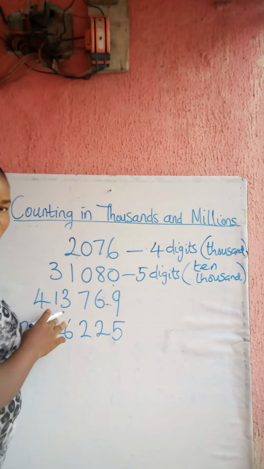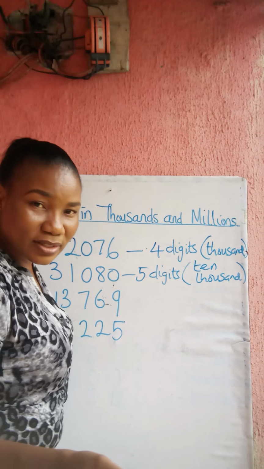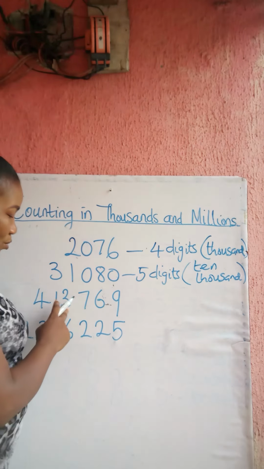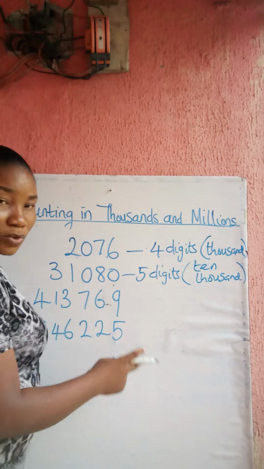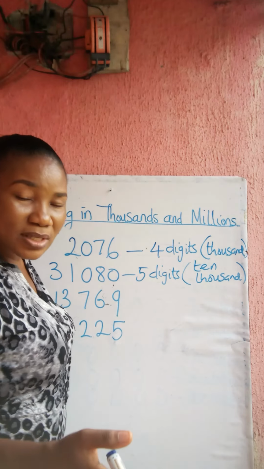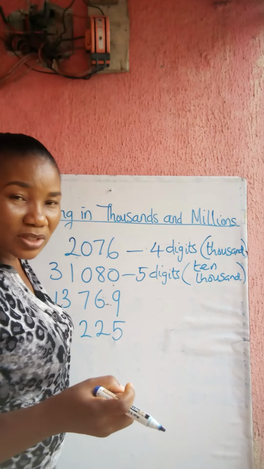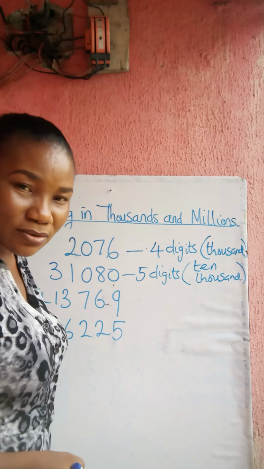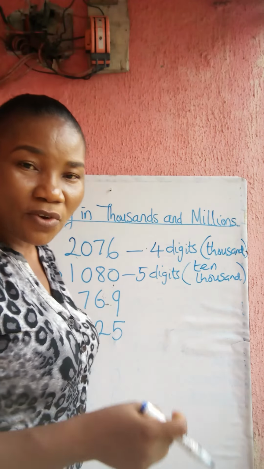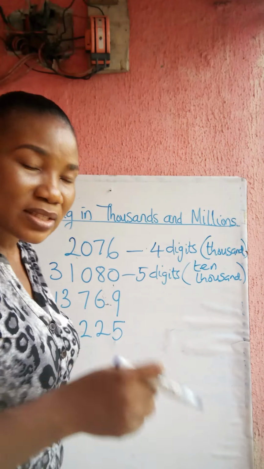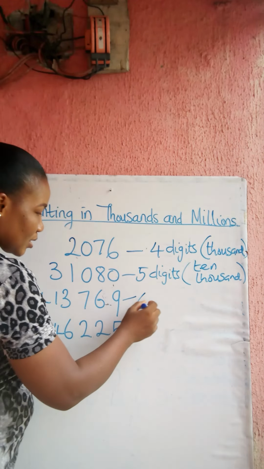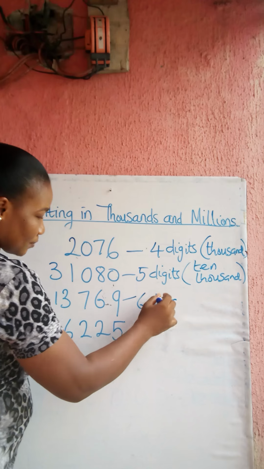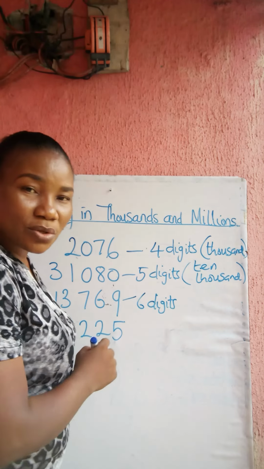Now look at the third number. Let's count the digits together. 1, 2, 3, 4, 5, 6. From our number table, 6-digit numbers fall under hundred thousands. So how are we going to read this number?